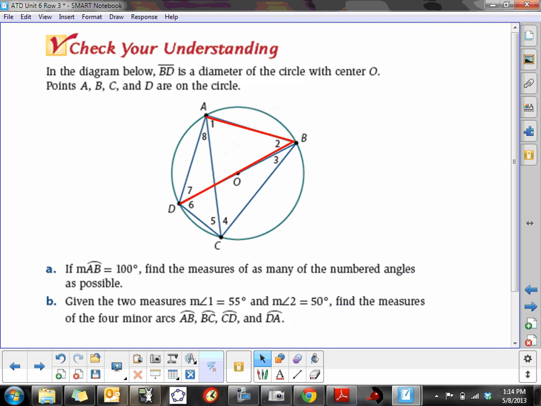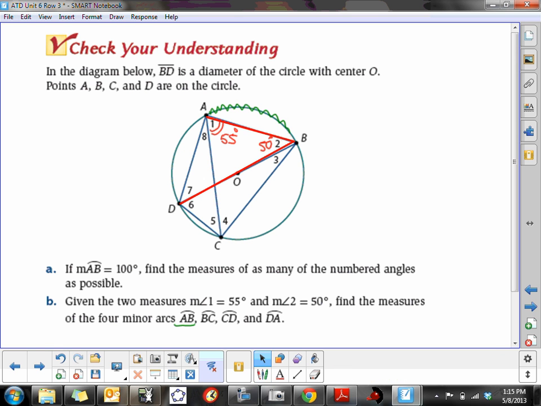Given the measures that angle 1 is 55 degrees, and also that angle 2 is 50 degrees, they ask us to find some specific arcs, such as the arc AB. Okay, so how can we find the measure of arc AB if we're given those 2 criteria?